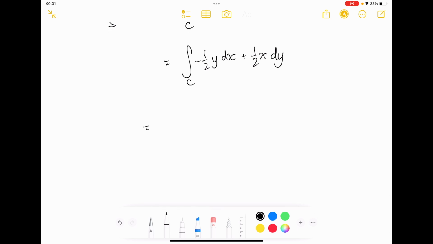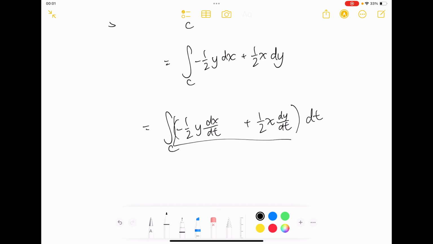We're going to do minus half y dx/dt times dt plus half x dy/dt times dt, and then we can factor the dt out. So this will be our integrand, and that means we have to find dx/dt and dy/dt.